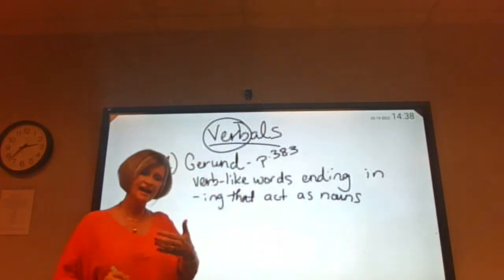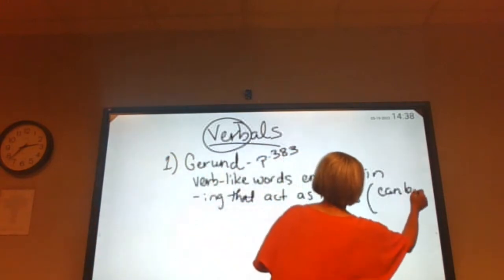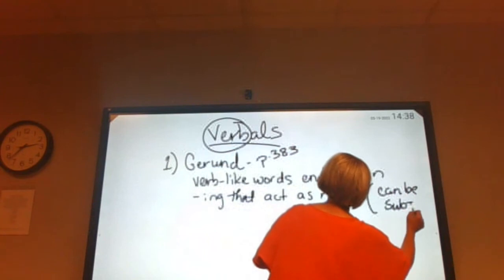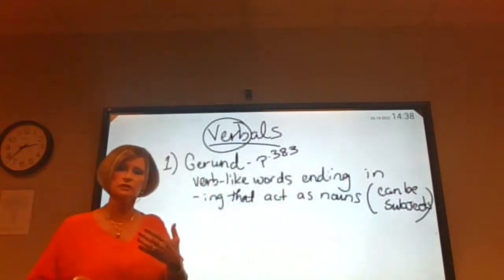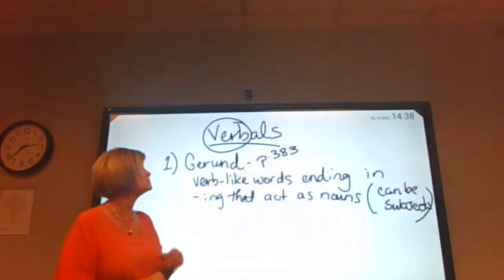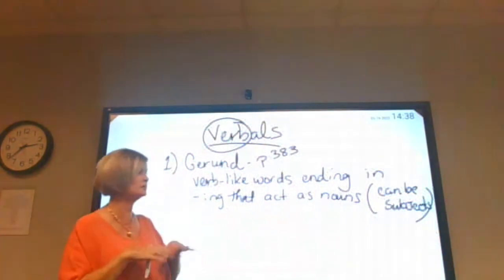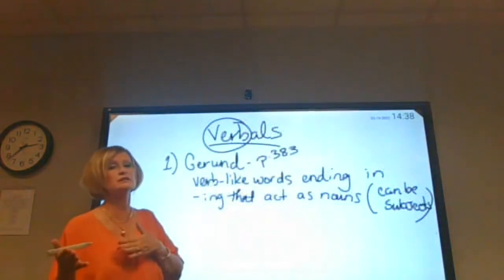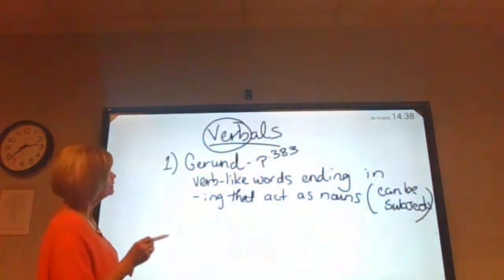And the simple fact that they act as nouns means they can be subjects. Subjects are nouns. They're not always subjects, but they can be. Most of the ones in this first section are going to be subjects, but know they can function as other things as well.